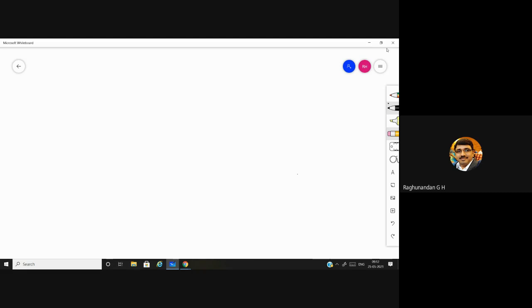Actually, there are only two types of rectifier: half wave rectifier and full wave rectifier. In full wave rectifier, again we have two types: full wave rectifier with center tap, and the other one is bridge rectifier. So these three circuits are there, and three different sets of derivations.